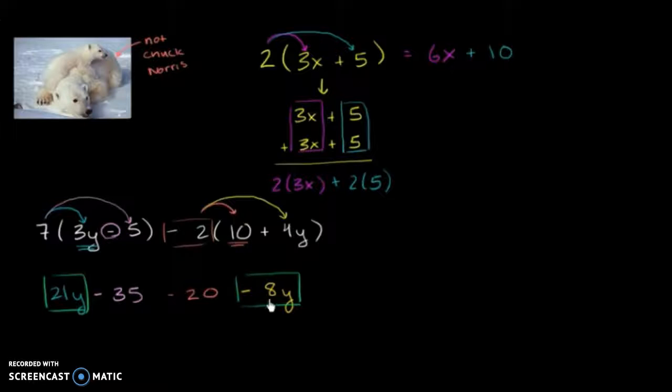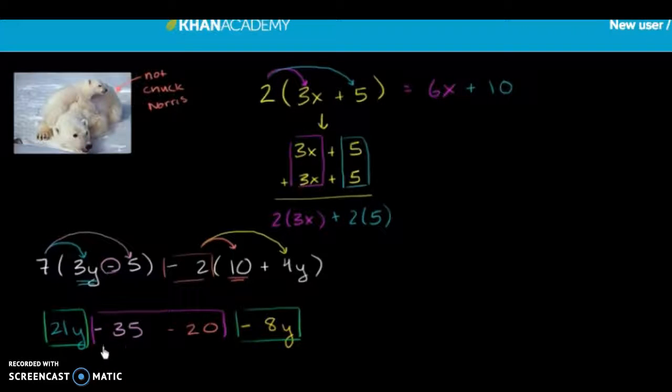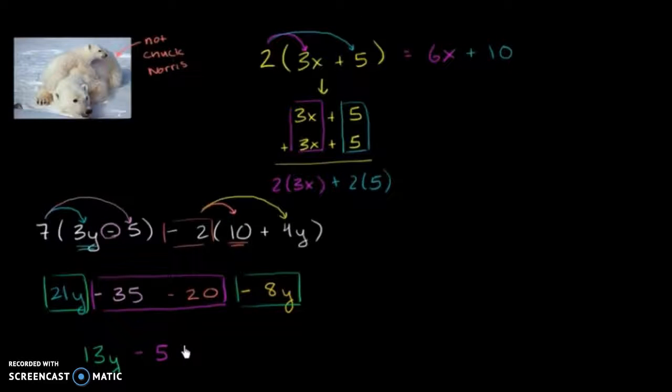So if I have 21 of something and I take 8 of them away, I'm left with 13 of that something. So those are going to simplify to 13y's. And then I have negative 35 minus 20, and that's just going to simplify to negative 55. So this whole thing simplified using a little bit of the distributive property and combining like terms. We got to 13y minus 55.